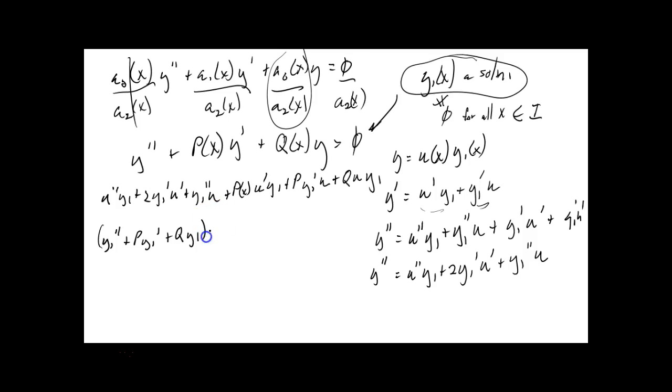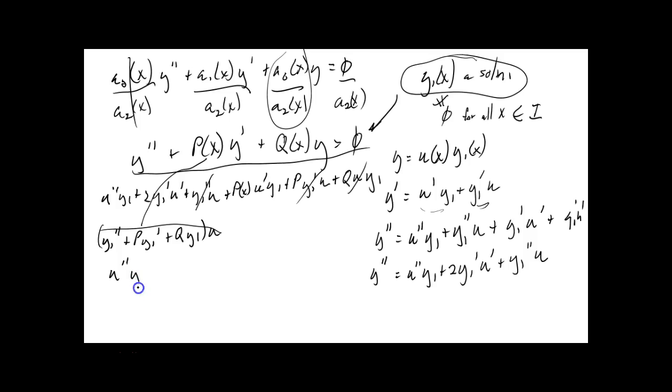All that is times u, because you factor the u out of this term, that term, and that term, okay? But guess what this is? That's 0, right? Because this was a solution of that differential equation, so that's 0. Gone. Okay? What do we have left?